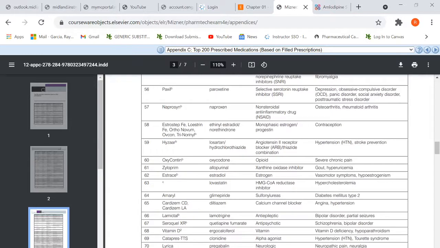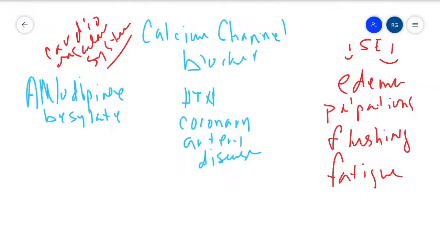Diltiazem, it's for angina and hypertension. So diltiazem, angina and hypertension as well.